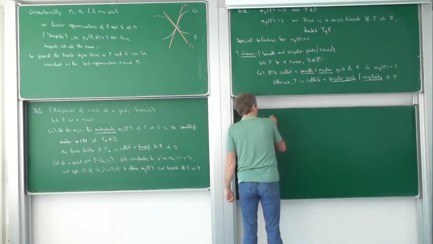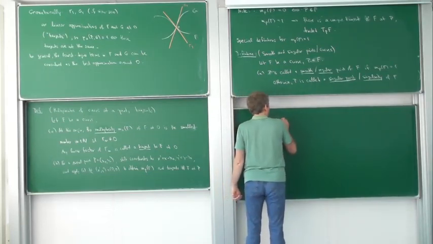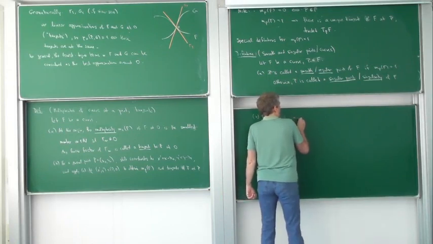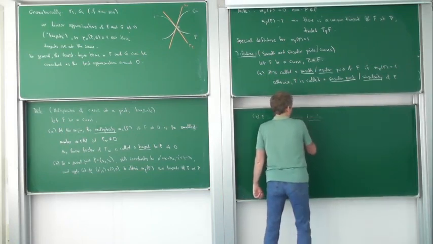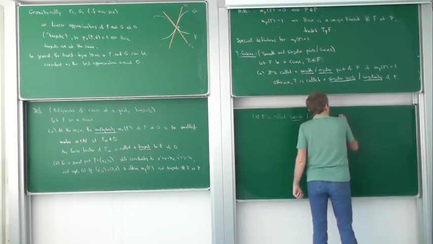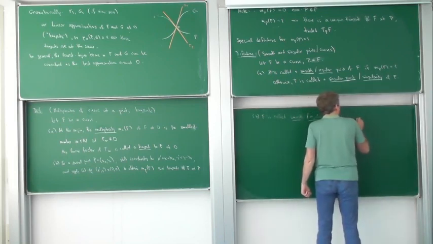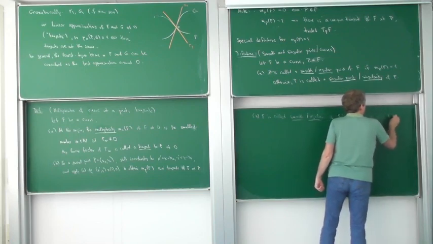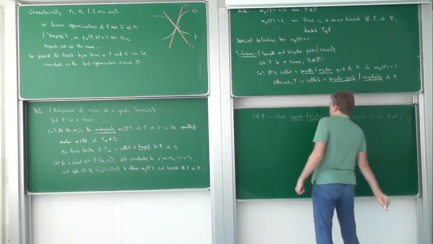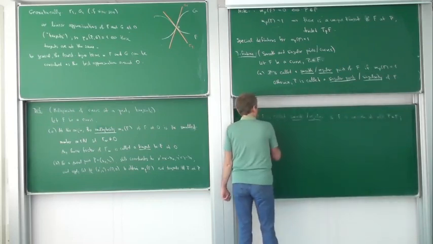For f is called smooth or regular if f is smooth at all points, and otherwise it's called singular.